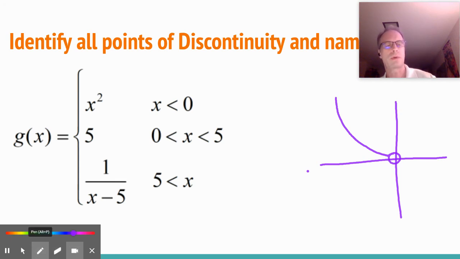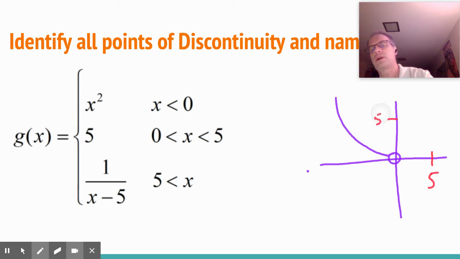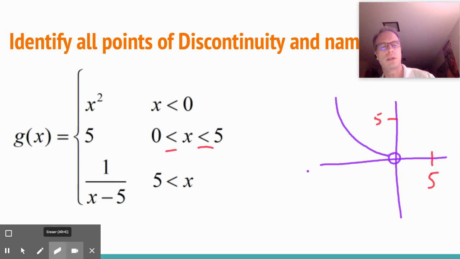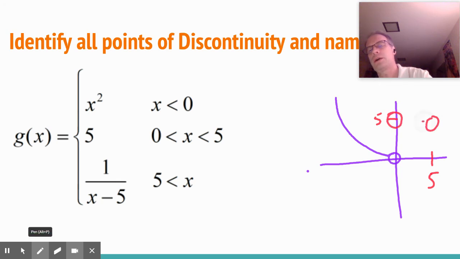Next up, I'm going to go to in between 0 and 5. So clearly at the x-axis, that's 5 and 0 there. Okay, and because once again, it's the inequality, so I should be okay on that. I'm going to have an open dot there and an open dot there, and sounds good.